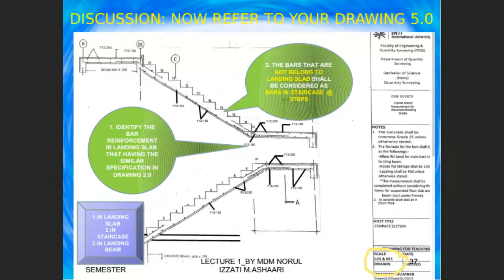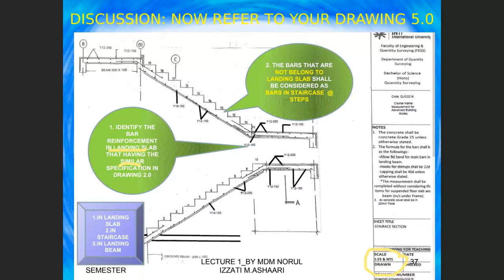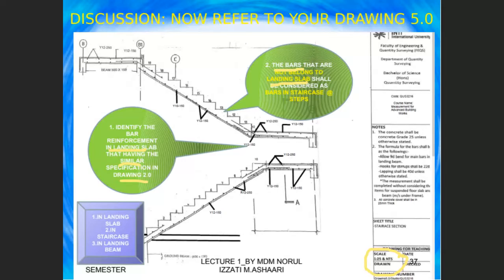First, you have to identify the bar reinforcement in the landing slab that has a similar specification in drawing number 2. You have to identify the bars that do not belong to the landing slab. Then the bars that do not belong to the landing slab will be the bars inside the staircase. Is it okay? This is the first step.